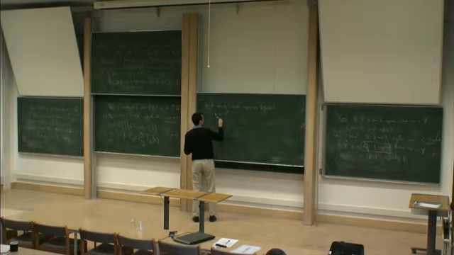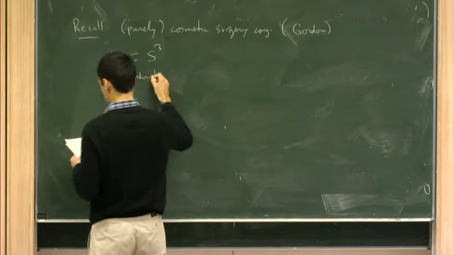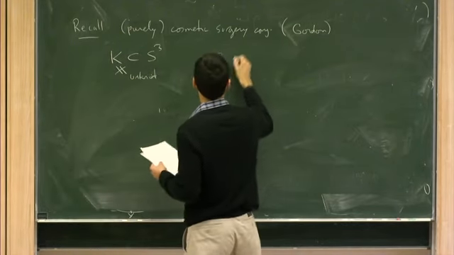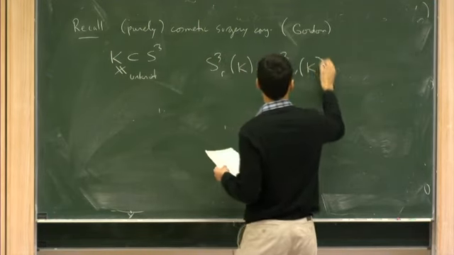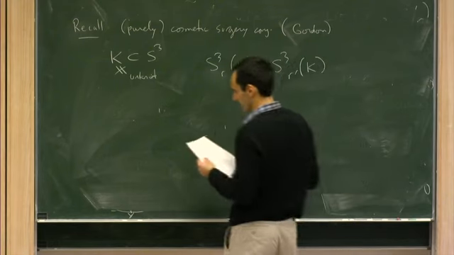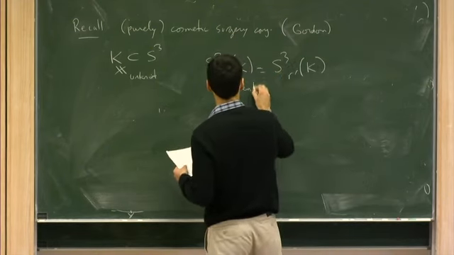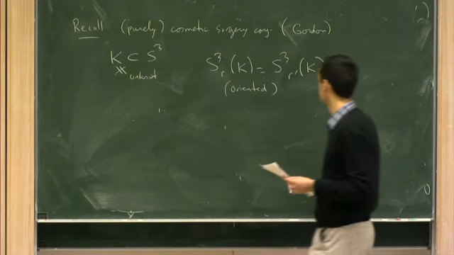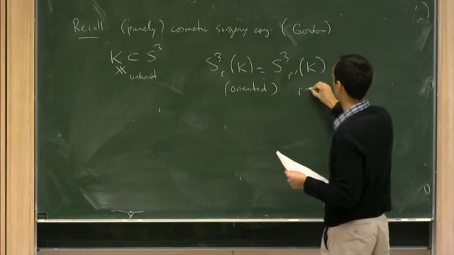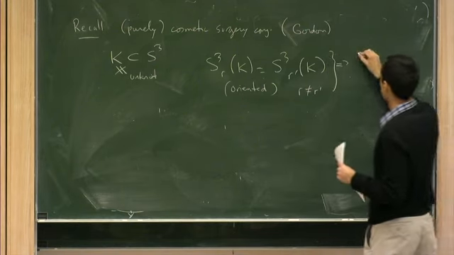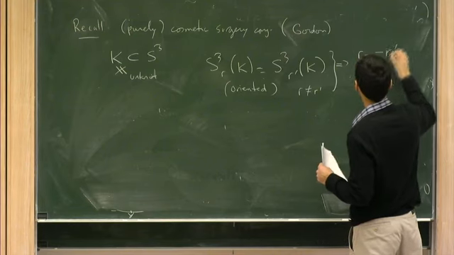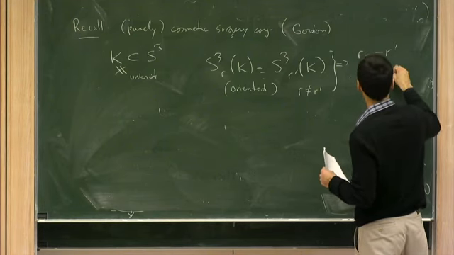So take a non-trivial knot, and let's say can two surgeries on this be the same 3-manifold, as oriented 3-manifolds, with r different from r prime? Then the conjecture says that r equals minus r prime and K is amphichiral.